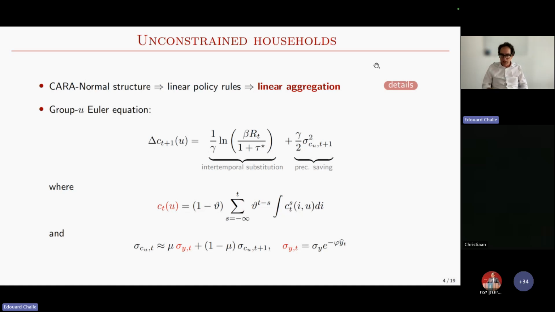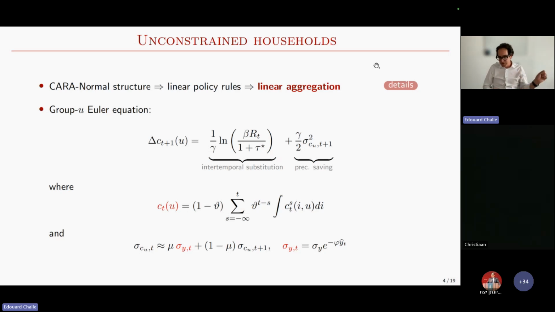So there is a suitably defined individual state. Think of cash on hand, which results from your current income plus your beginning of period assets. And your decisions will be linear in that state.